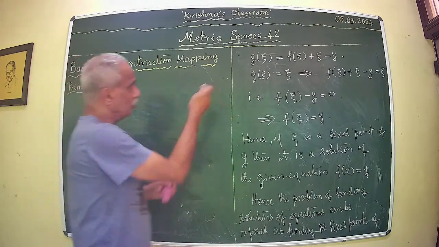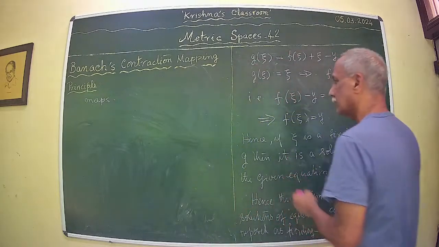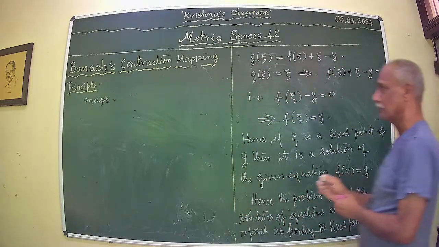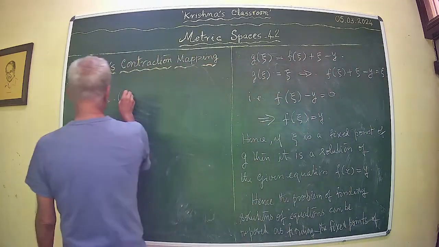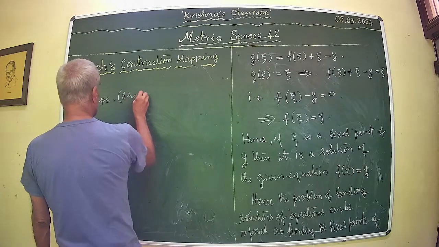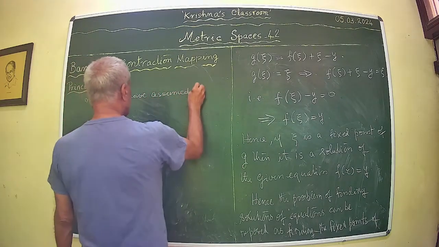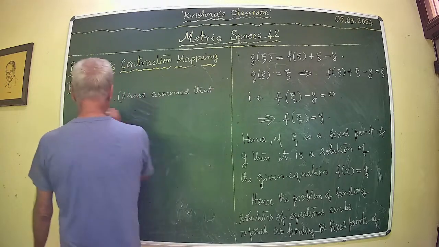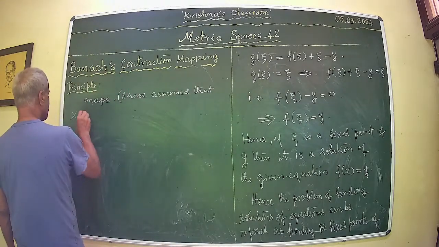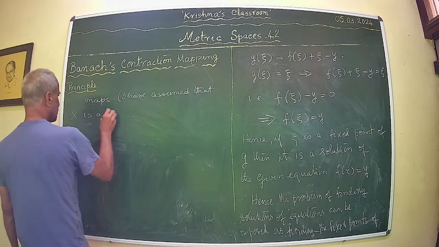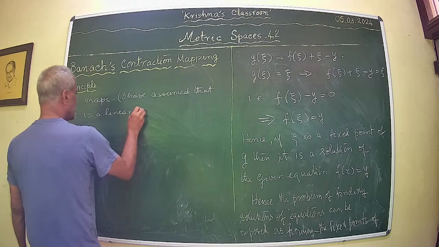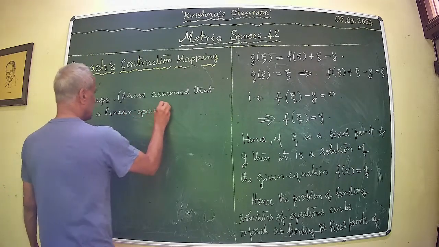I have assumed that all these additions and subtractions make sense, so X is a linear space in this case.